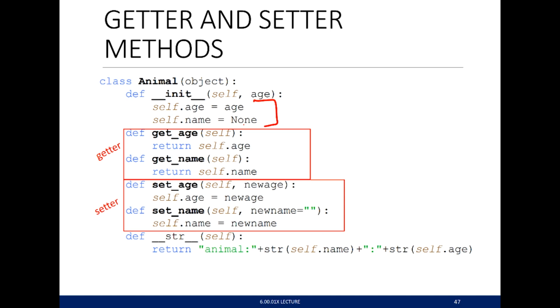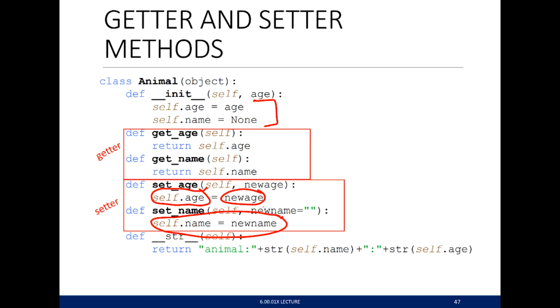Those are methods that can change the binding for internal data attributes. So if I want to change the age, if I want to run a simulation where the animal's getting older, I can change the binding for age. I can rebind it to a new value. I could also change the name. It starts out as None, and I could change the name by having a rebinding here.